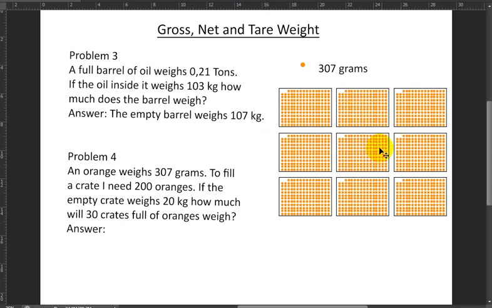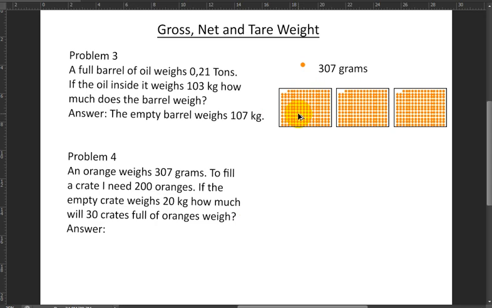So to figure this out, we need to figure out how much one full crate weighs, and then take that and multiply it by 30, because I need to find out how much 30 of them weigh, right? So what does one full crate have?